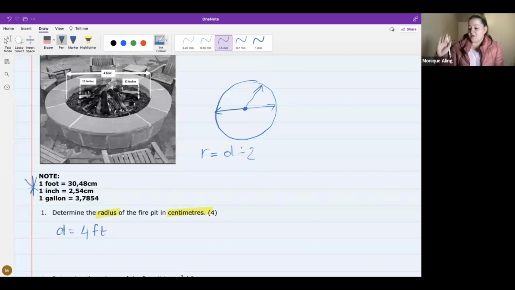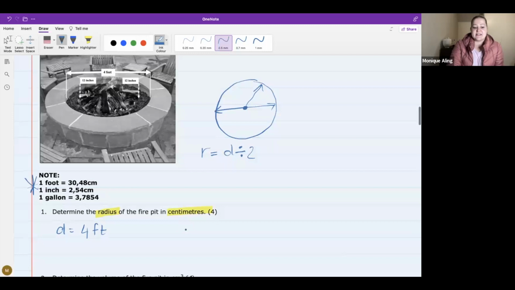So before we worry about working out the radius, I'm going to ask you guys to quickly do that conversion for me. Please convert 4 feet into centimeters. Let me know your answers once you've got them.